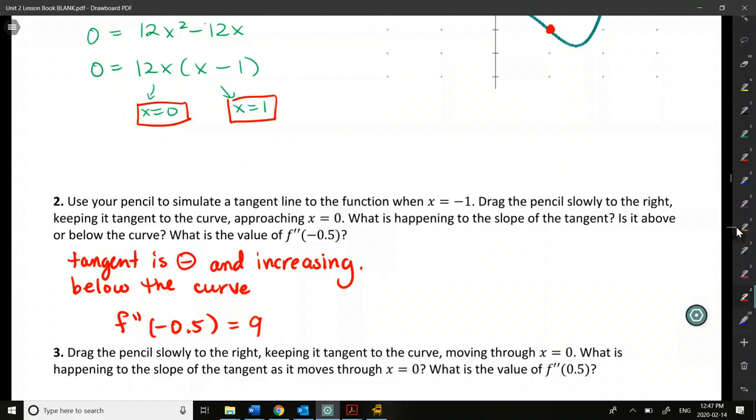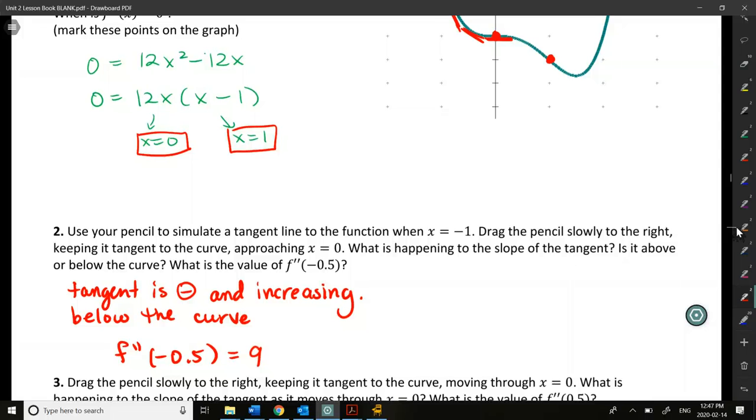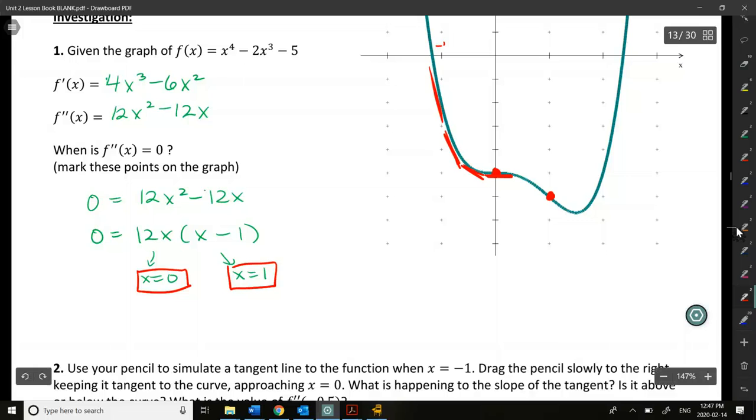Isn't it like 0.5? No, it's 9, at -0.5. I think that's correct. We're just talking about from -1 to 0, this little section right here. So it's negative and it's increasing. Yep.